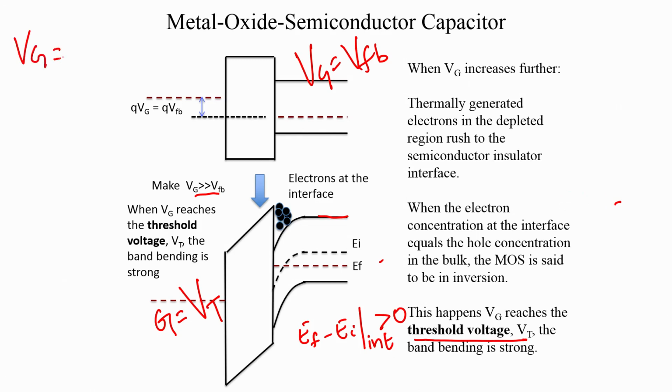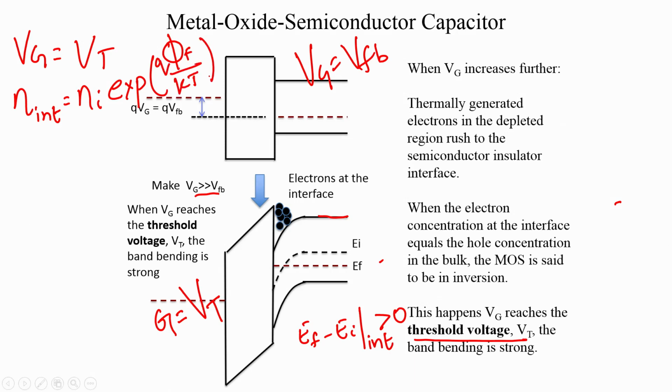At Vg equal to Vt, the number of electrons at the interface, the electrons per unit volume, is Ni, which is the intrinsic carrier concentration, into exponential of Ef minus Ei, which is going to be basically q phi f by kT.